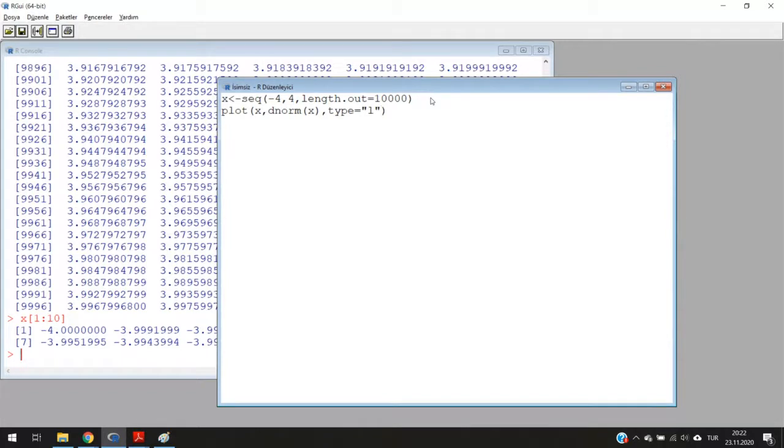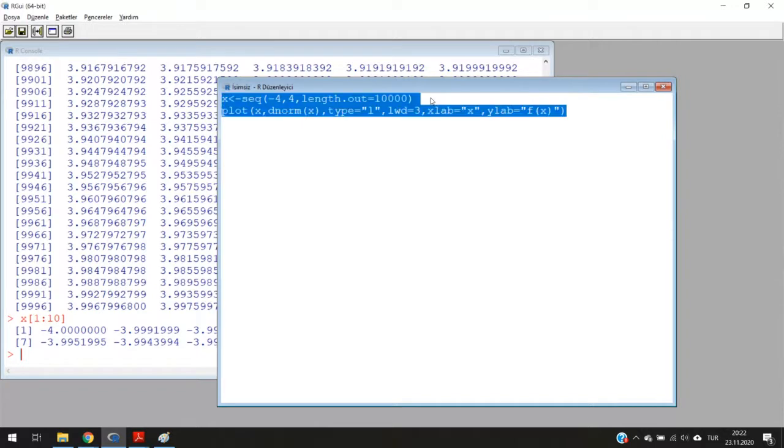So the type of the plot is a line plot, and the width of this line will be 3 pixels, and the x label will be x, and the vertical axis label will be fx.